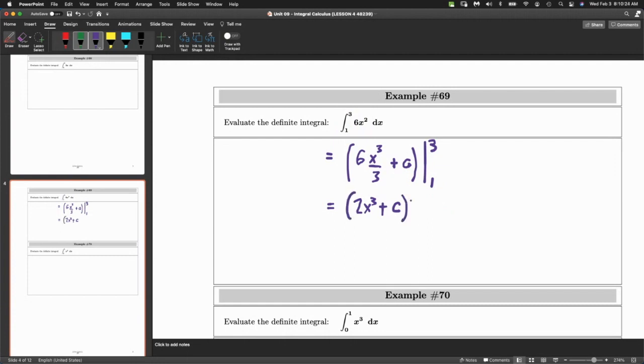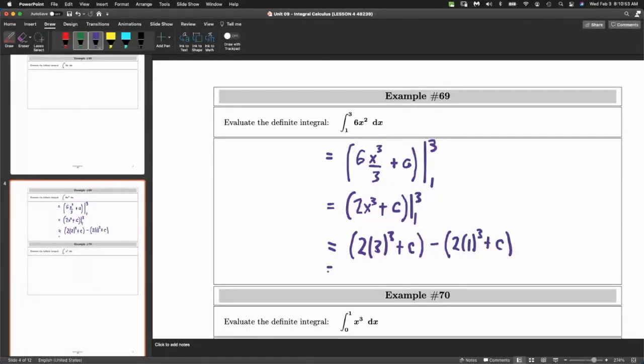So what you do is you're going to plug in the numbers 1 and 3, but you're going to plug in the upper limit first. So you're going to have 2 times 3 cubed plus c. And then you're going to subtract the other limit being substituted into that expression.